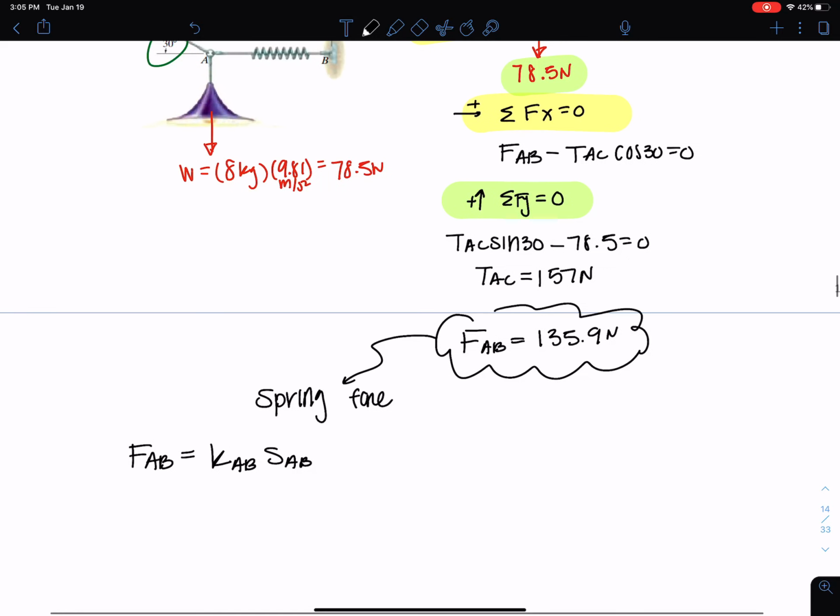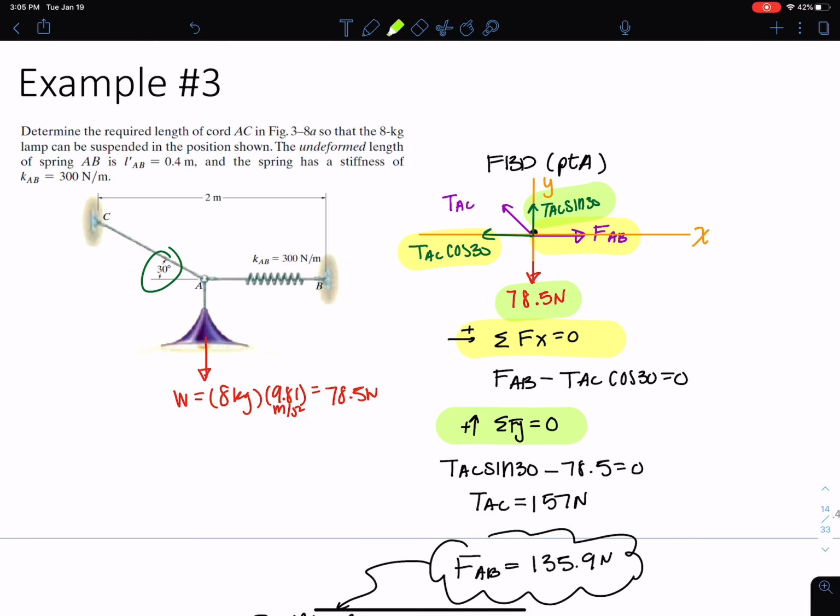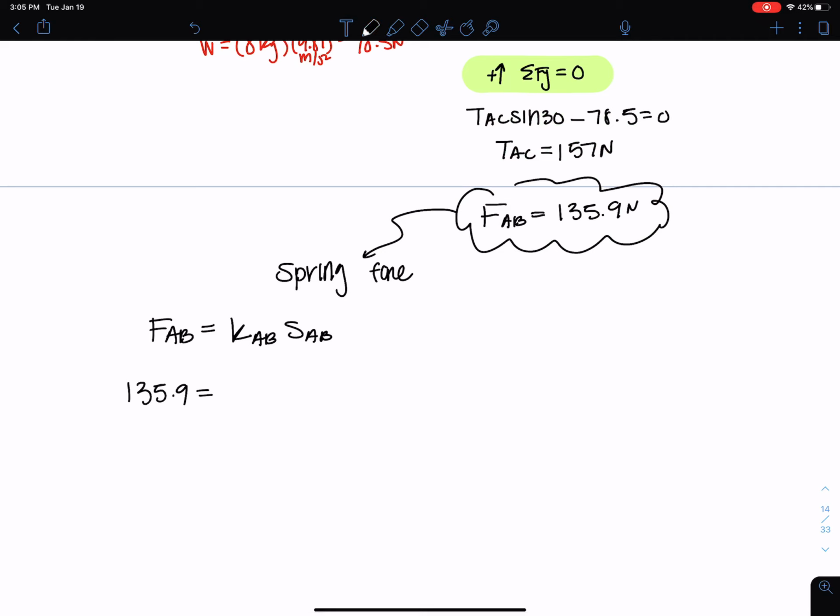So I'm going to plug in here what I have. I have 135.9. The K is given in the problem. Where is it? Right there, 300 Newtons per meter, times SAB. And I get that SAB is equal to 0.453 meters. And remember, this is how much my system has deformed, the stretch. How much has it stretched?